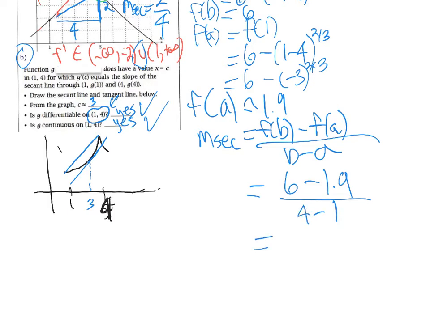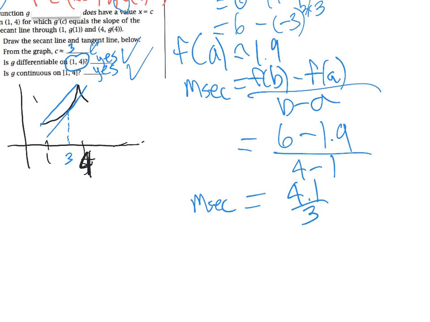Okay, 6 minus 1.9 is about 4.1 over 3. Okay, slope of the secant. So it's about 4/3. So the slope of the secant is approximately 1.3 repeating. All right, 1.3 repeating. That's the slope of the secant.